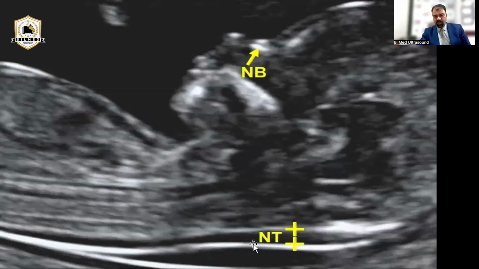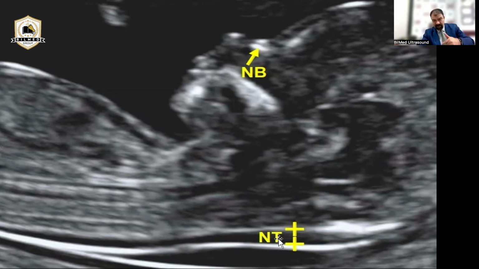With spine up, what will you hit? You will hit the nuchal translucency first. So the nuchal translucency in face down fetuses will have more clarity than face up, because in face up the beam is hitting through the complete fetus, and only then is it coming to the nuchal translucency NT.